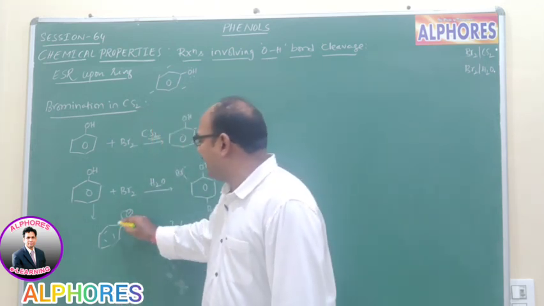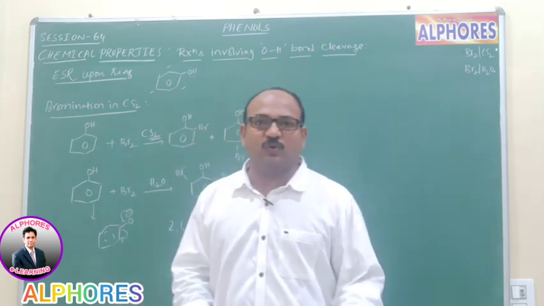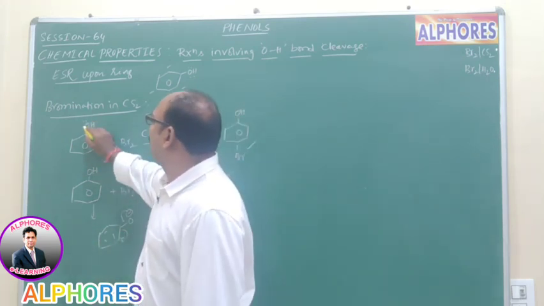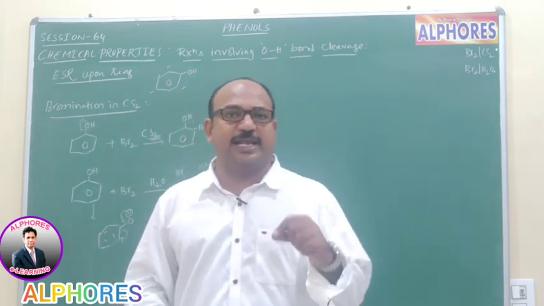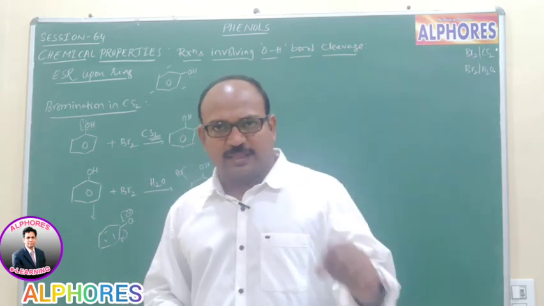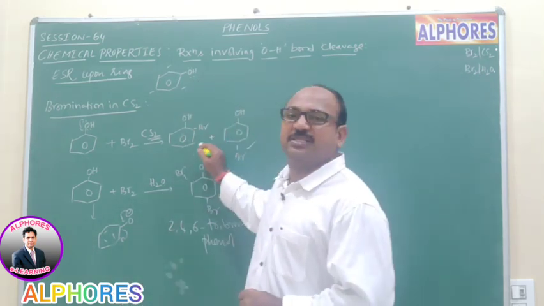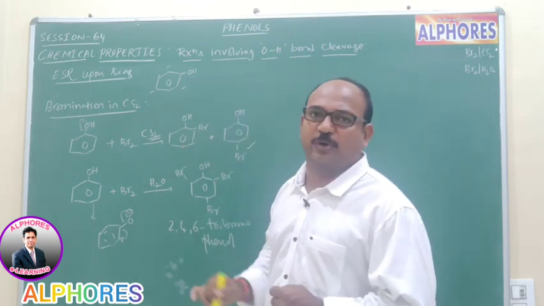This O minus activates the ring much more compared to OH. As OH, oxygen has to provide its lone pair of electrons, which means the oxygen lone pair has to be involved in delocalization. Further it activates the ring and we get bromination products at the ortho and para positions.